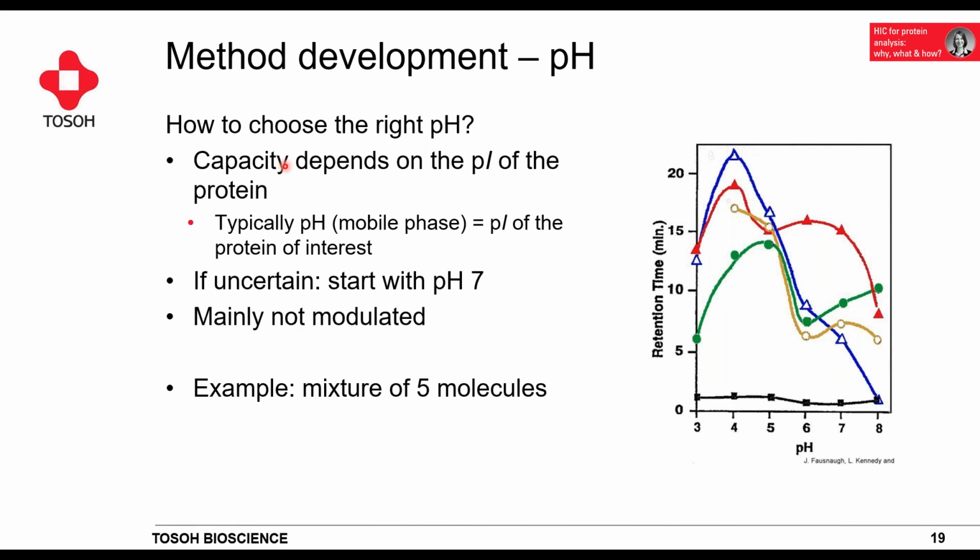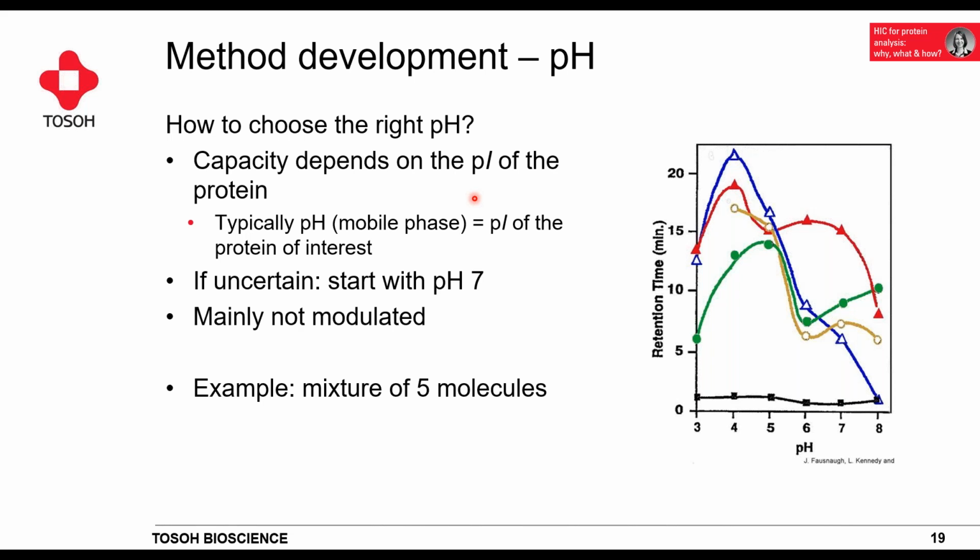So typically what we tend to do is to use a pH which is close to the isoelectric point of our molecule, just because at that point there should be no net charge, which is why we don't introduce hydrophobicity changes by charge, because charges do decrease the hydrophobicity of the molecule.